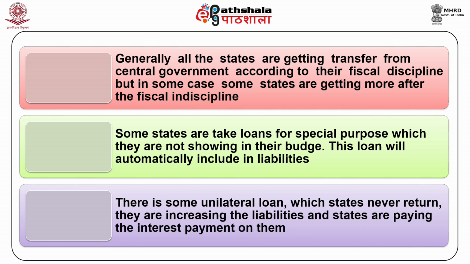There is some unilateral loan which states never return. They are increasing the liabilities and states are paying interest on them. The high proportion of interest payment in the budget creates a budget deficit. So, it has become a circle: deficit creates debt and debt creates deficit.